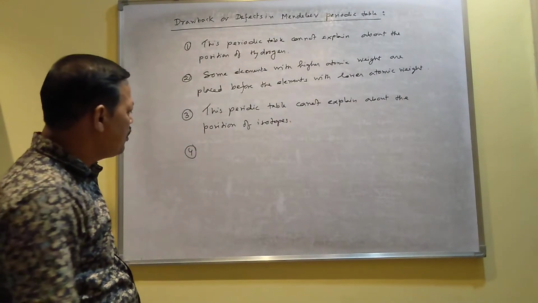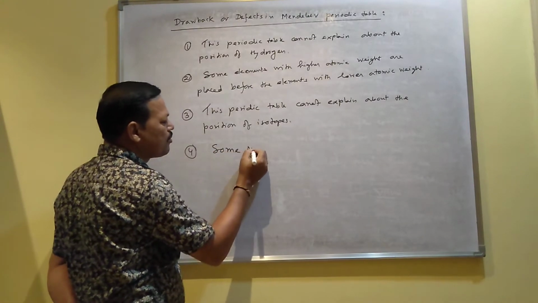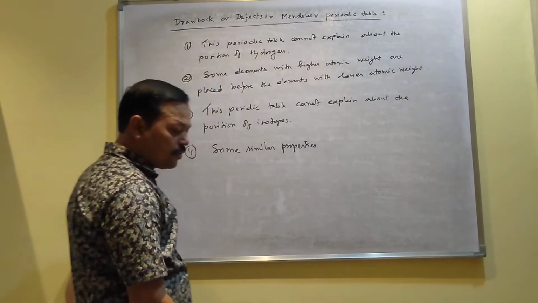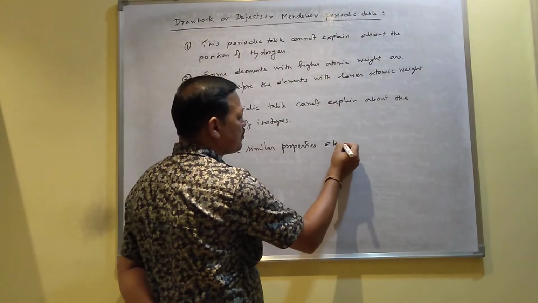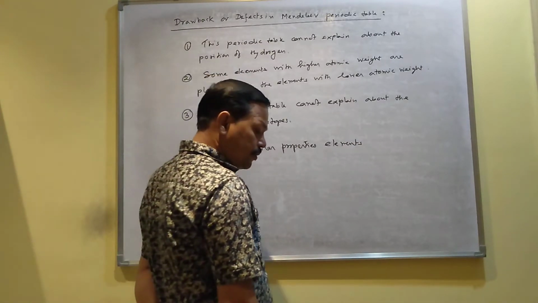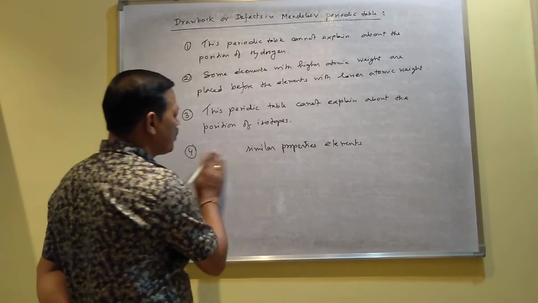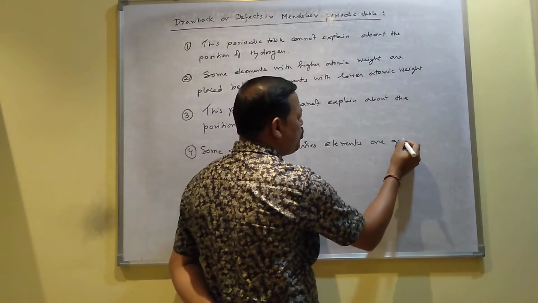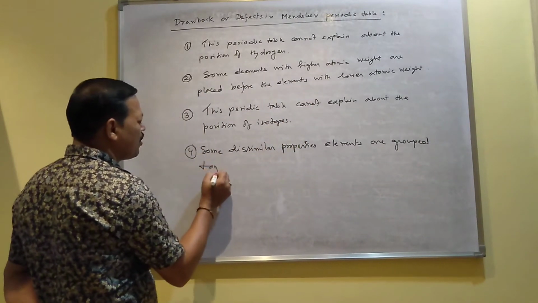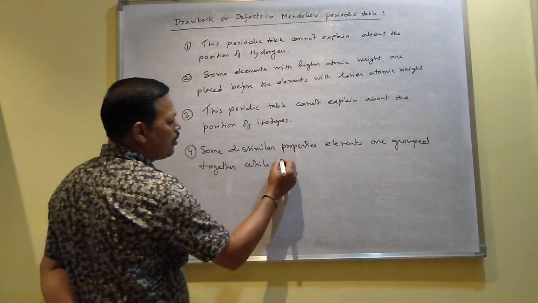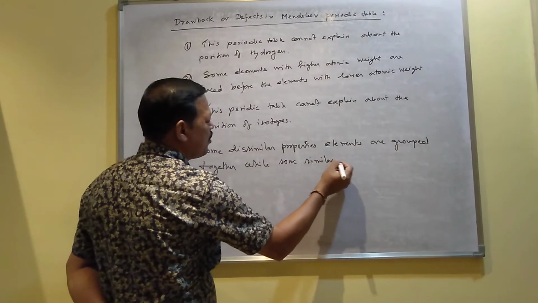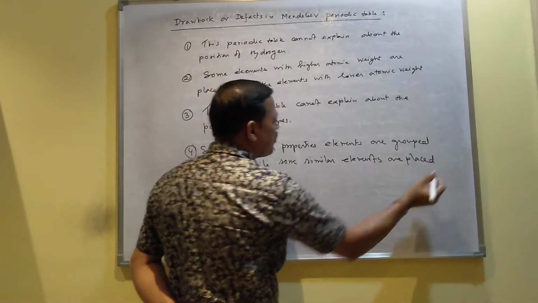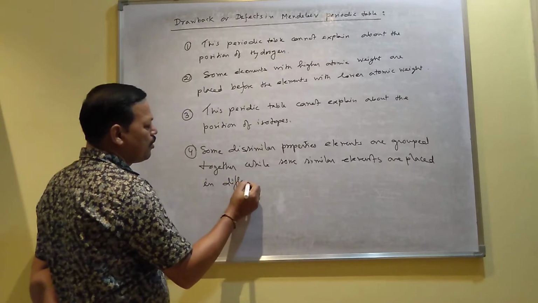And number four, last one, some similar properties elements, some dissimilar properties elements are grouped together, while some similar elements are placed in different groups.